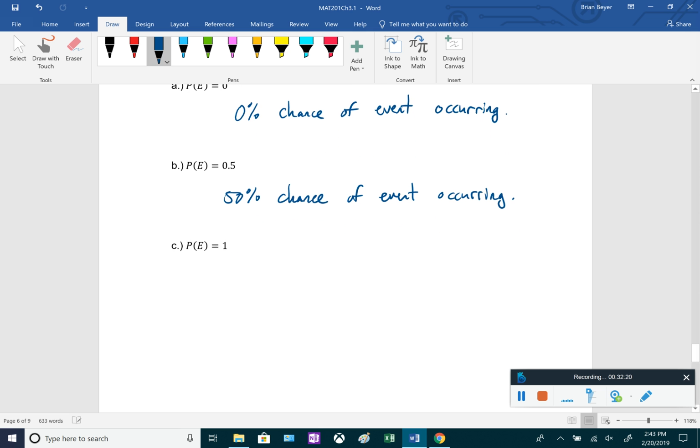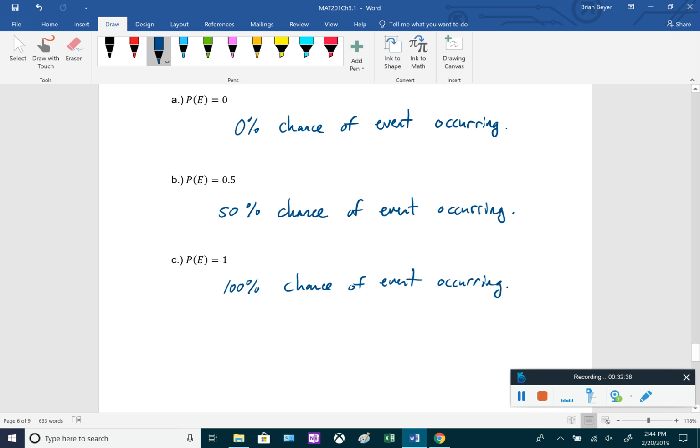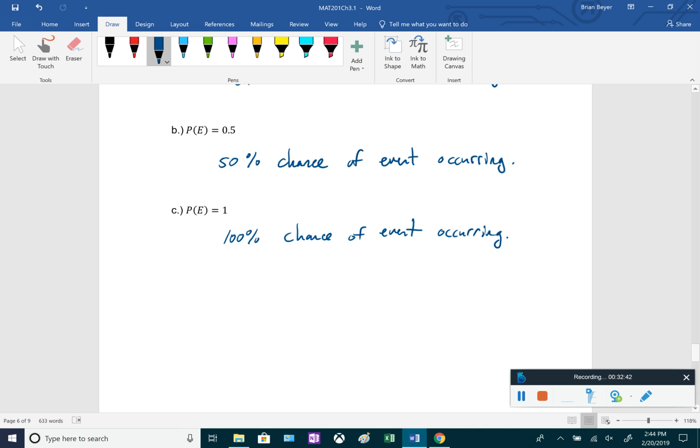And lastly, for the probability of event E equaling 1, that means there's a 100% chance of the event occurring. So that means the event has to occur or will occur. Hopefully that's pretty obvious, but just always keep in mind that your probabilities always have to be between 0 and 1.